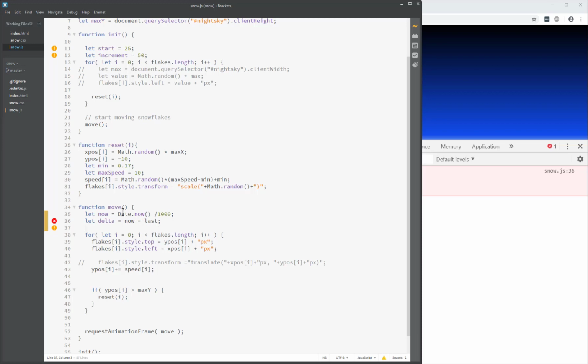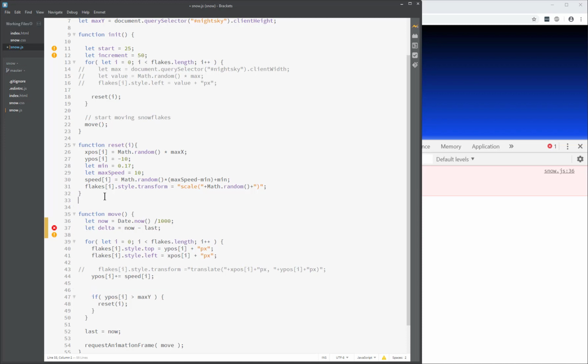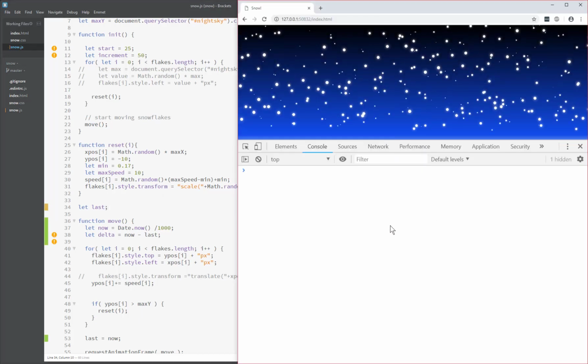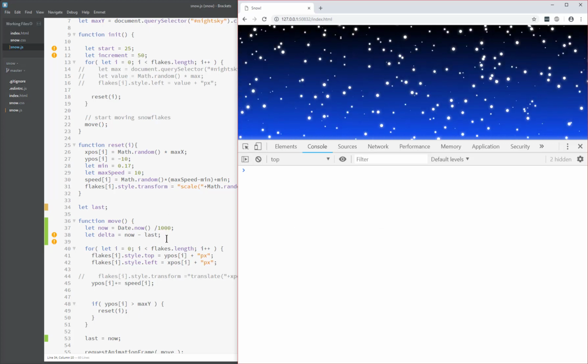And actually every time I call move, I could then at the very end here say, just by the way, remember last time is the same as now. And I need to remember that outside the function. Let last be, just. So now I might have something.